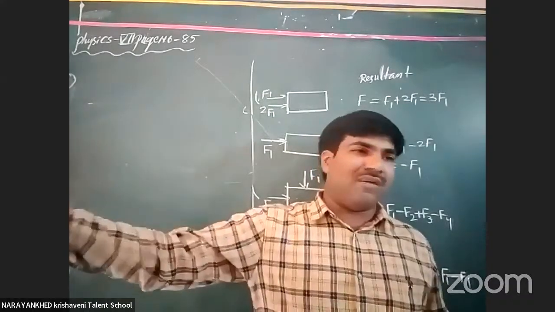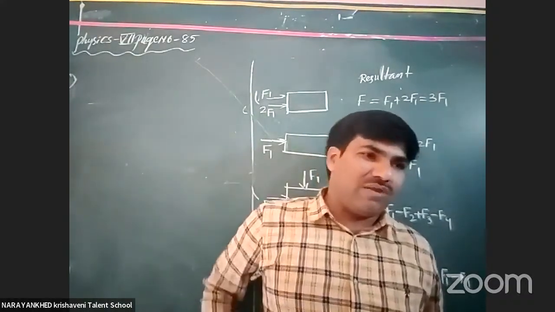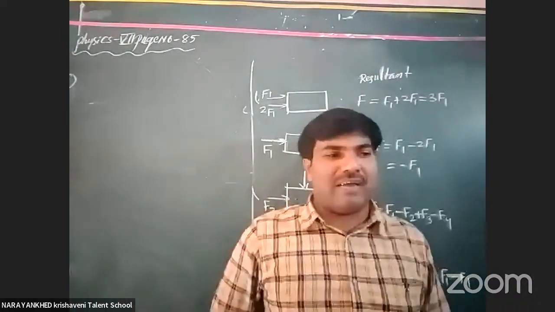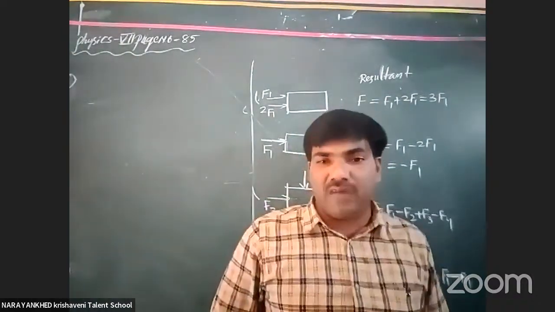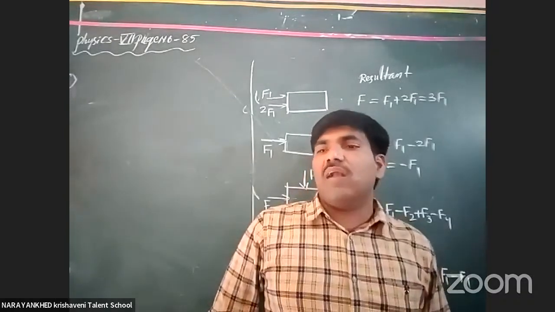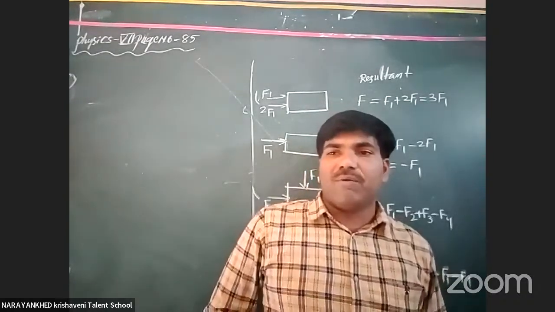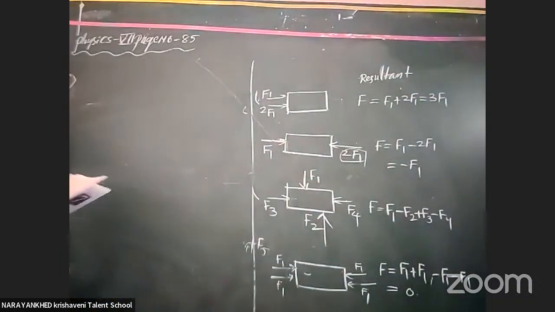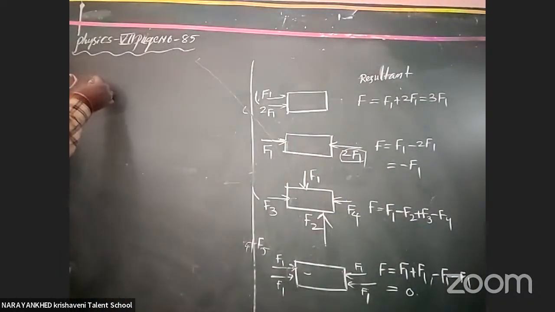The second statement is correct only: every action has a reaction with the same magnitude but opposite in direction. That is called Newton's third law. Both are correct only, but one is not the explanation of the other. So the answer is A.